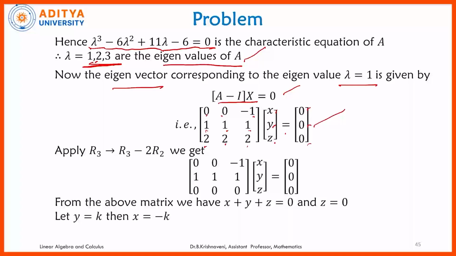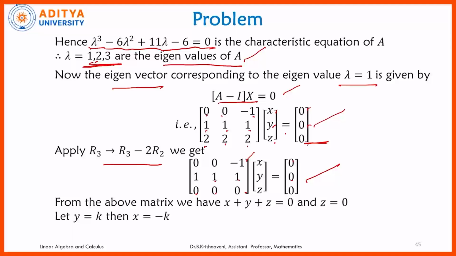Now we need to find the solution of this homogeneous system, and for that we applied the operation R3 goes to R3 minus R2, which gives [0 0 -1; 1 1 1; 0 0 0] times [x y z] equal to [0 0 0].